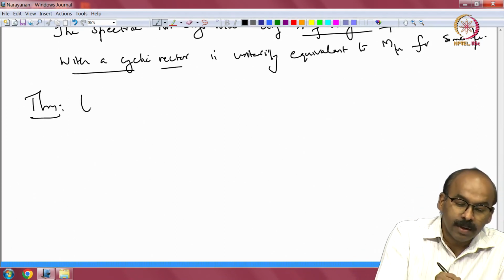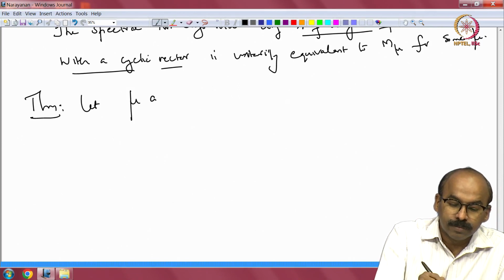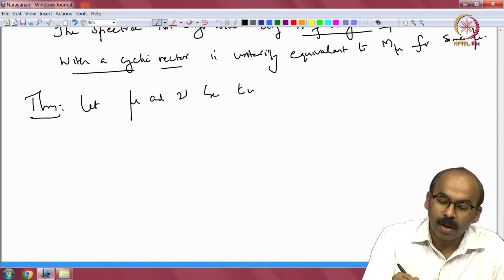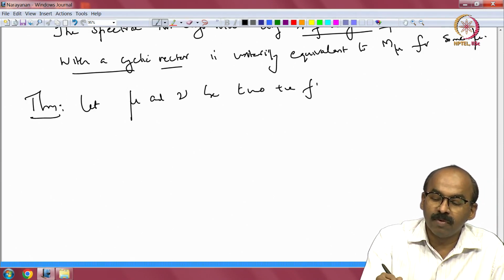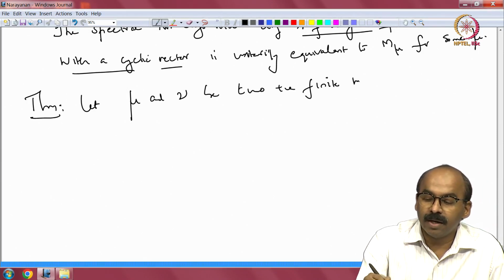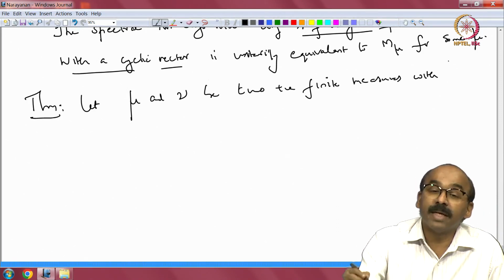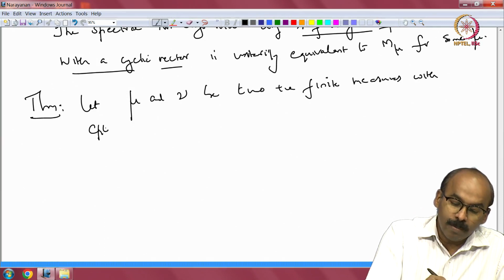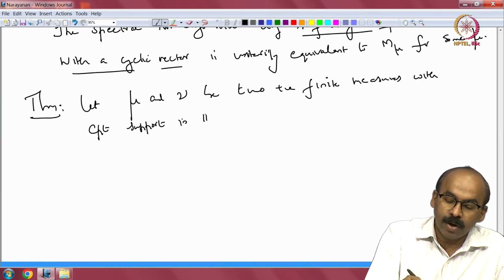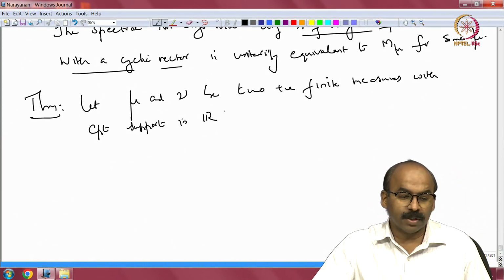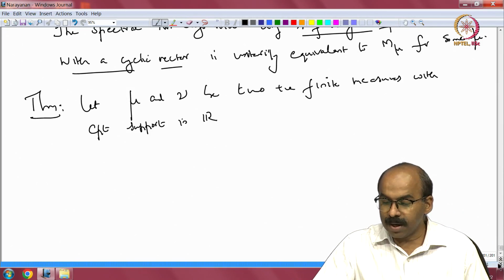Okay. So, let mu and nu be two positive finite measures with compact support in R, because we are doing the self adjoint case first, and we will see essentially the same proof works for the normal operator case as well.